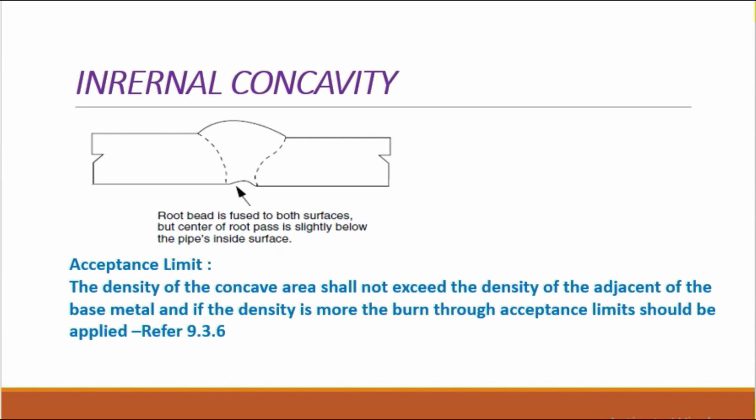So which clause is it? That clause is 9.3.6. So if the density is not more than the base metal in this concave area, then it is okay. If the density is more than the base metal, then you have to go through the burn through acceptance limit, and 9.3.6 should be applied.